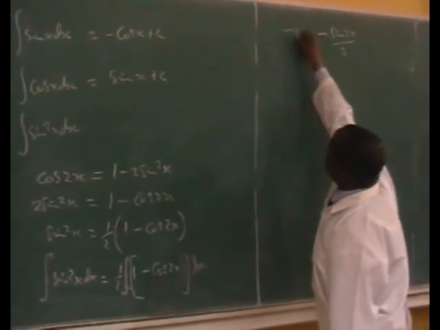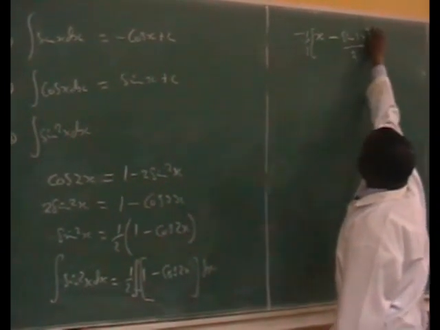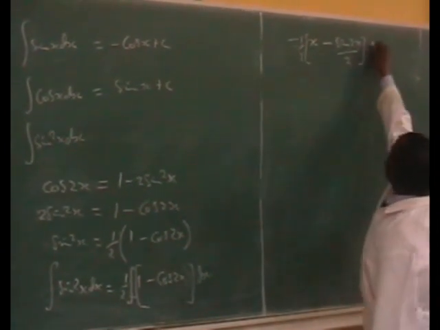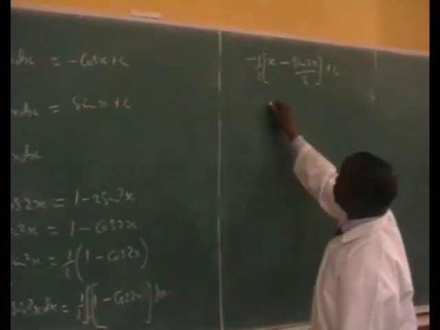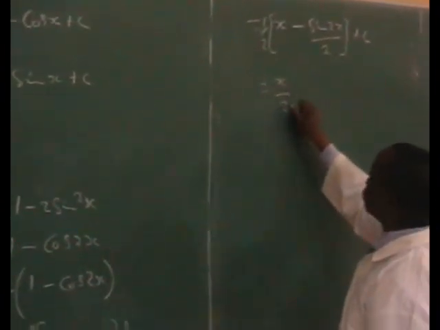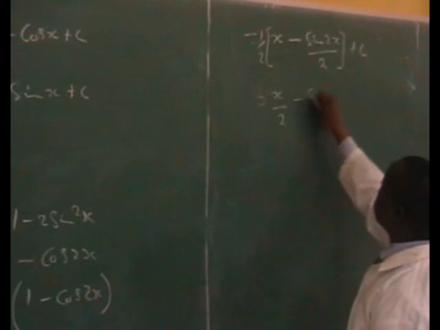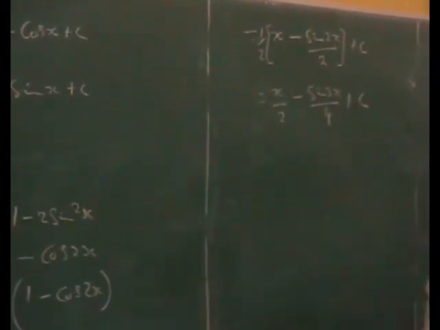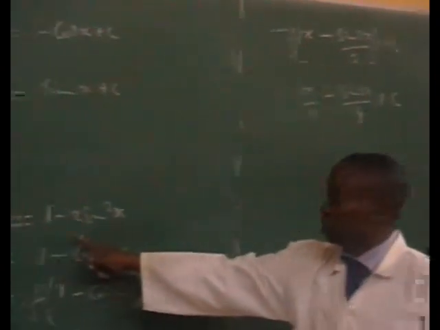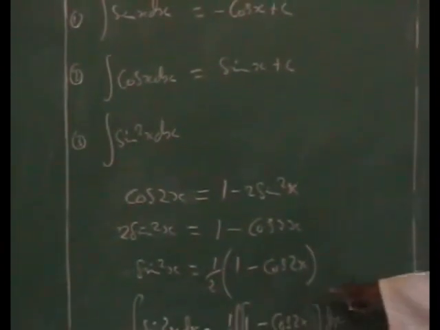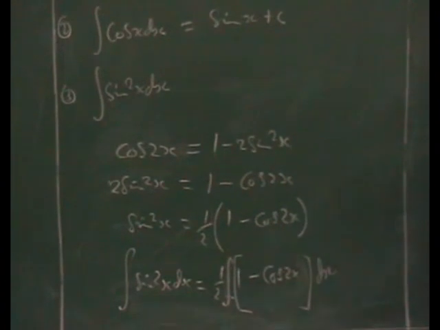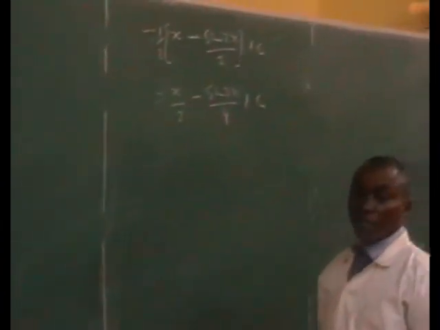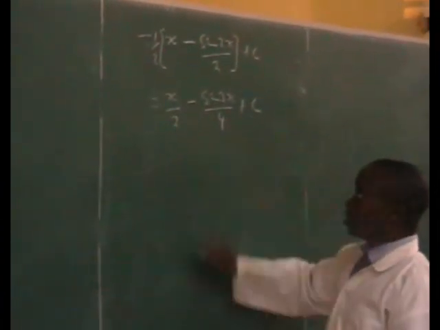Don't forget that we still have half here, plus c. Now this time this will give us x all over 2 minus sine 2x all over 4 plus c. So anytime we integrate sine square x, we will have in this form x all over 2 minus sine 2x all over 4 plus c.